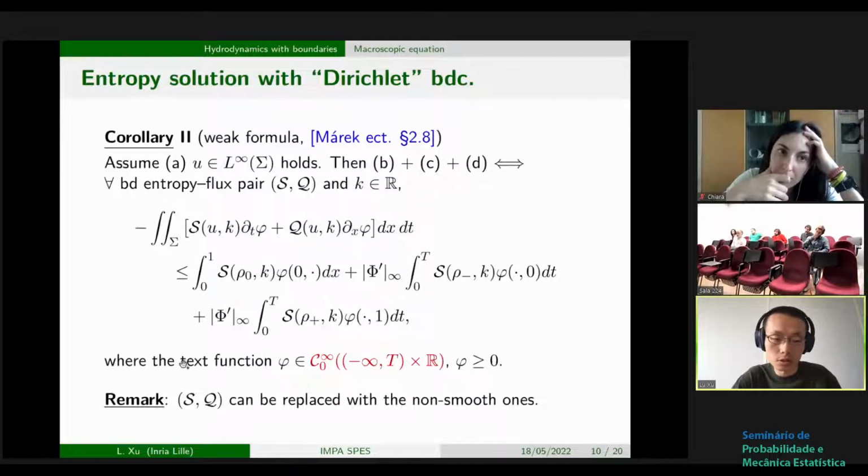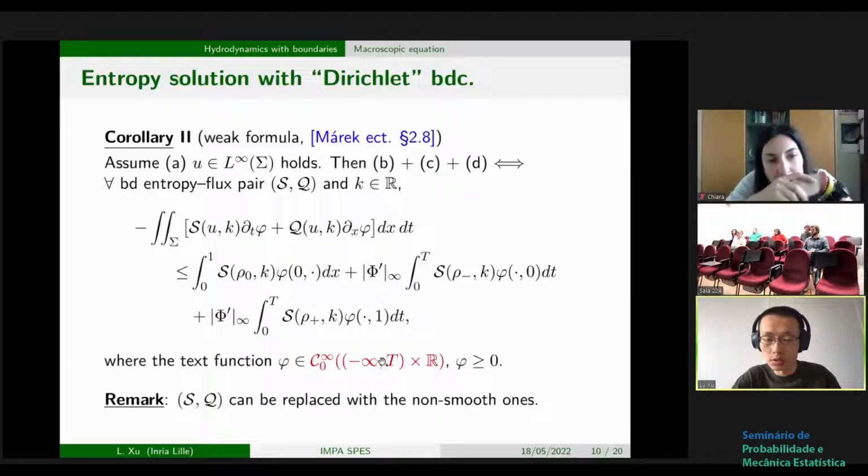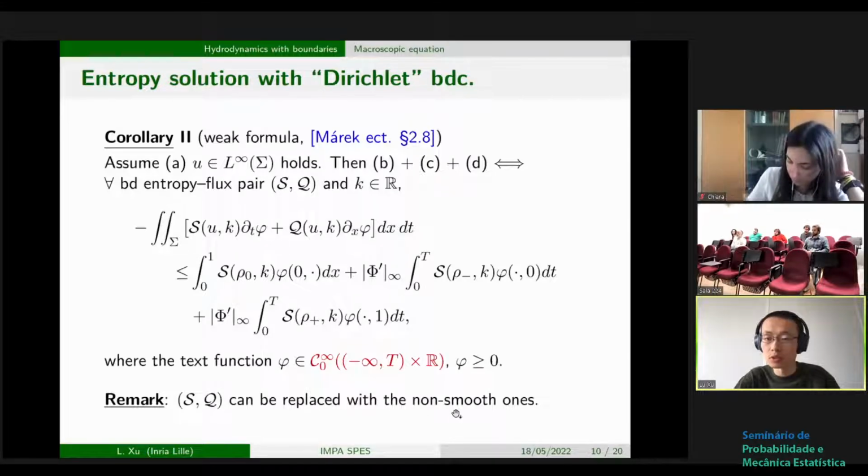The test function phi is in this space, so it can see the initial condition and the boundary condition, but it cannot see the end time t, and it's positive. The remark is that the smooth entropy can be replaced by non-smooth ones, and the weak formulation with non-smooth ones is the most common definition of the entropy solution.